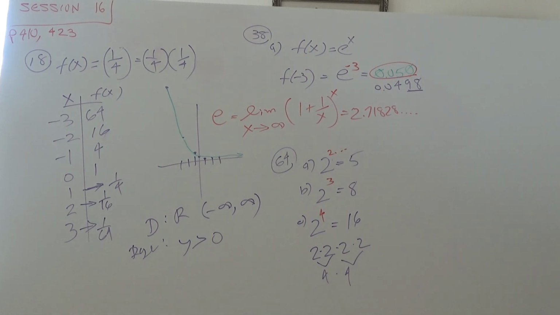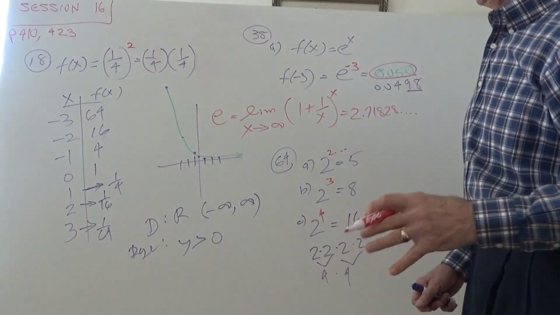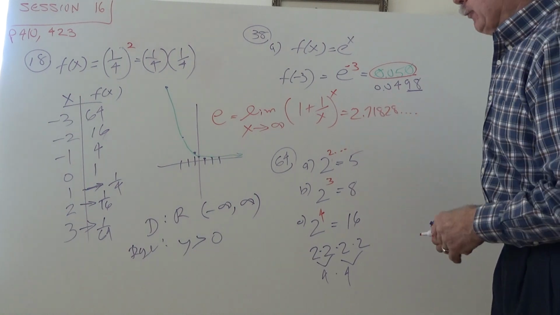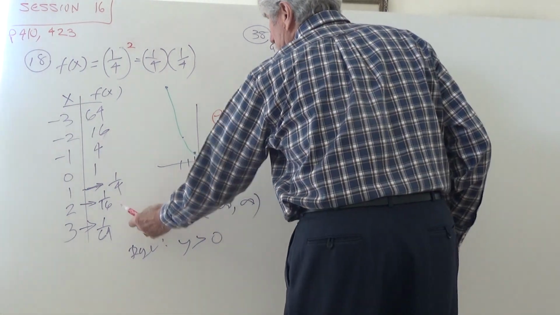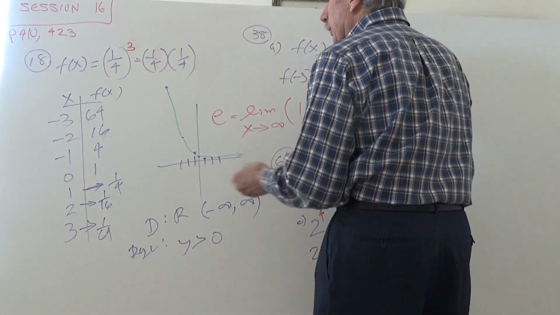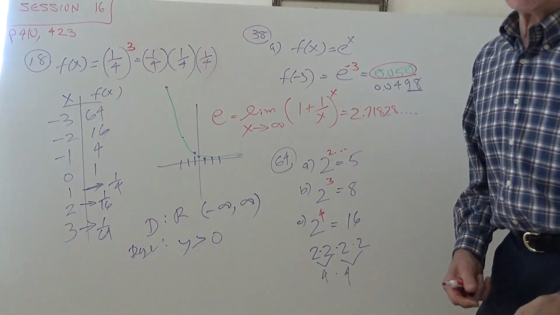Once we put a 2 in here, this will be 2 of those 1/4. Again, it's not 1/8, we're not multiplying, but it's 1/4 times 1/4. It should be 1/16. And lastly, we put a 3, that's going to be 4 to the 3rd, or 1/4 3 times, and that's going to give us 1/64.